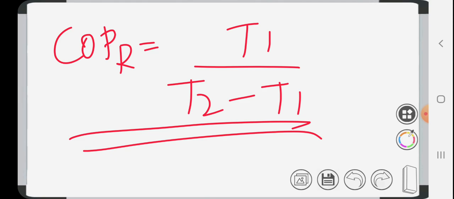So this is the equation for the COP of a refrigerator in terms of temperature, working on the reverse Carnot cycle.